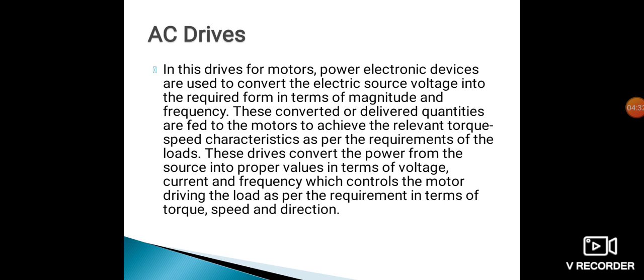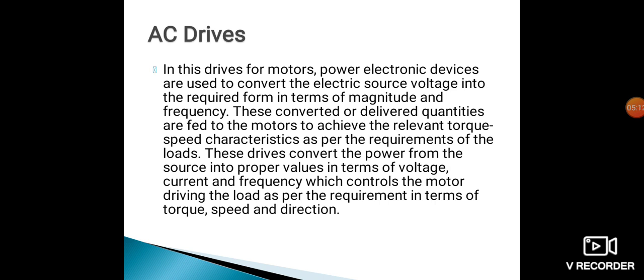In these drives, for the motors, power electronic devices are used to convert the electric source voltage into the required form in terms of magnitude and frequency. So the AC supply, for the particular requirement of motor operation, can be converted into the desired magnitude and frequency using the power electronic devices.